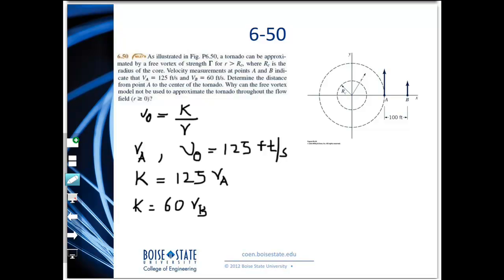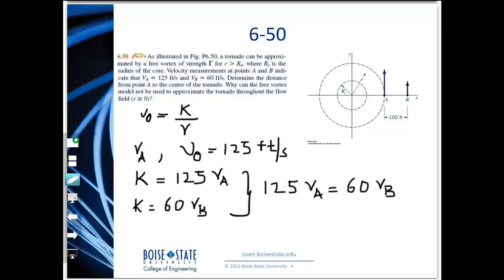So the K is the same constant for the flow field. So we get a relation which says 125 RA is equal to 60 RB. And also we need another equation because we have two variables here. We know that the distance between point A and point B is 100 feet.